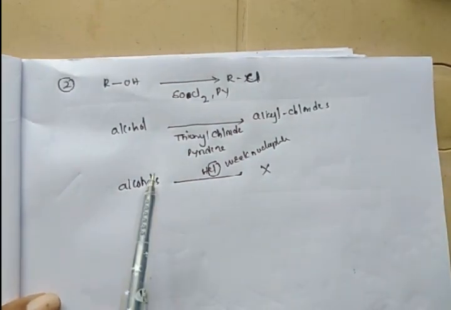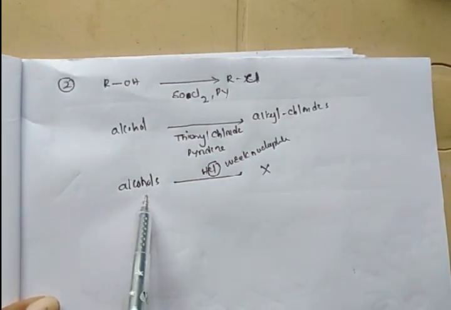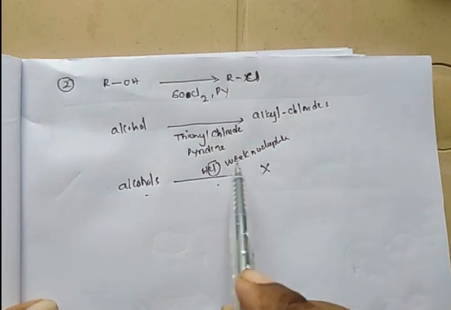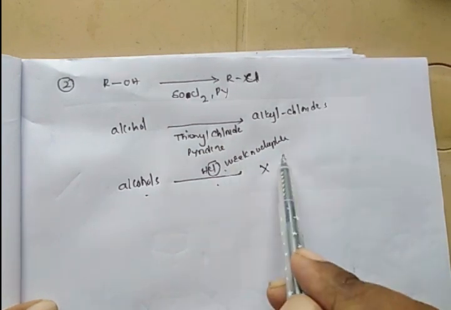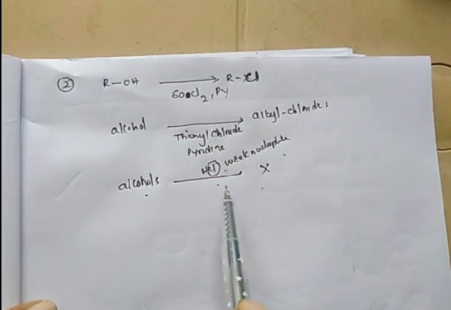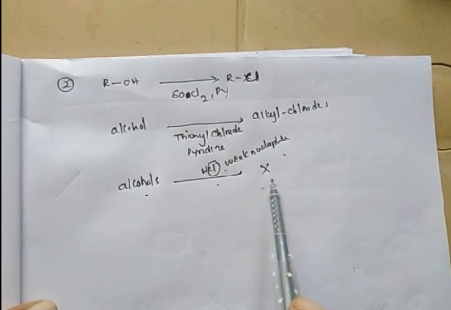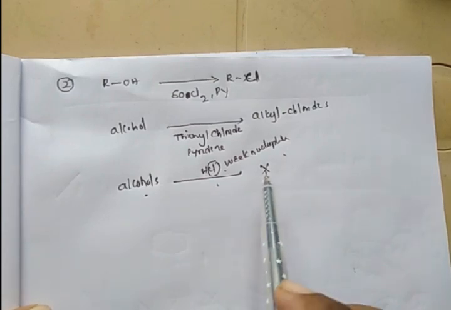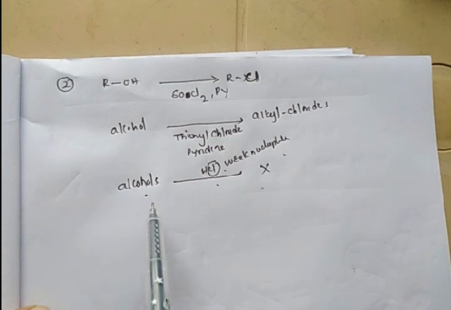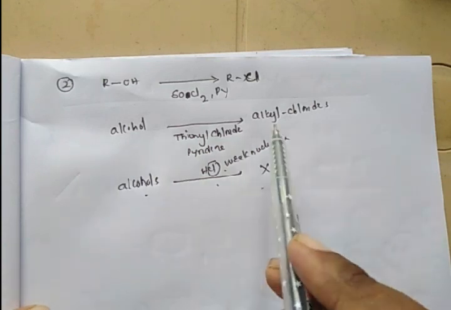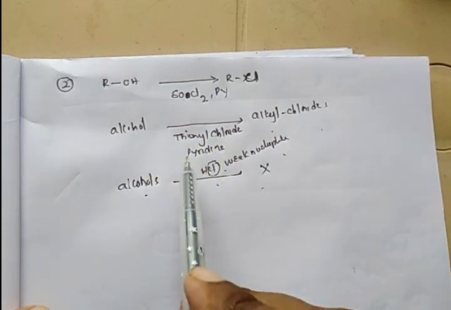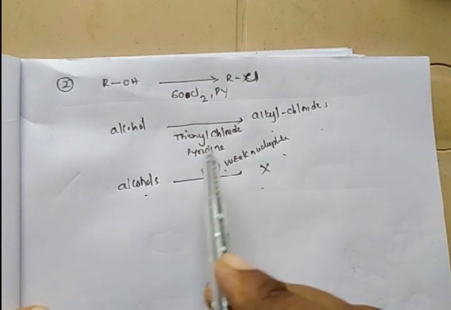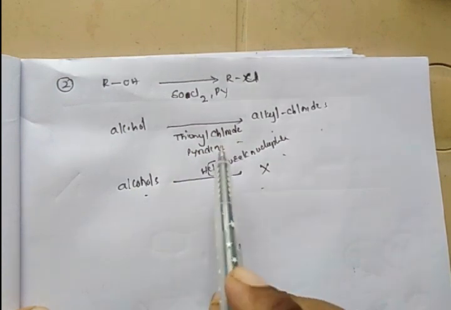So when you treat alcohols with HCl, as the chlorine is a very weak nucleophile, the transformation will be very slow or sometimes does not occur. So the best possible reagent for converting an alcohol into an alkyl chloride is thionyl chloride in the presence of pyridine.